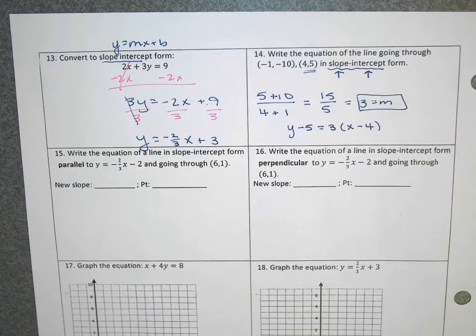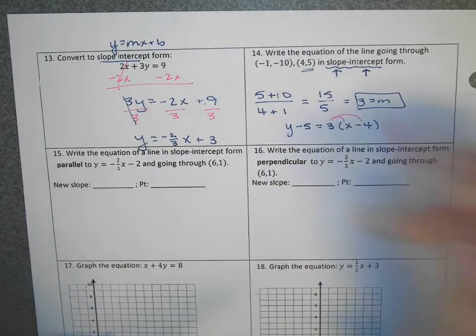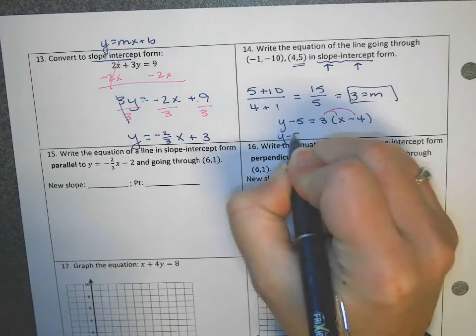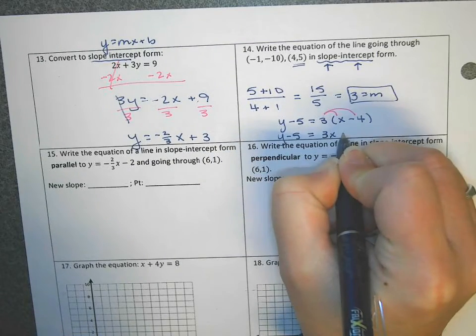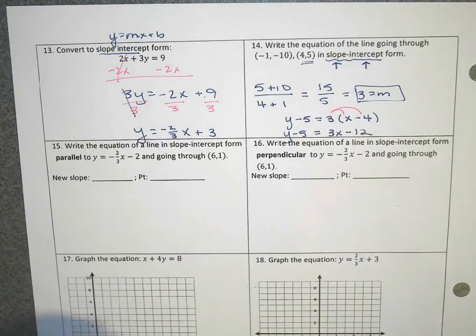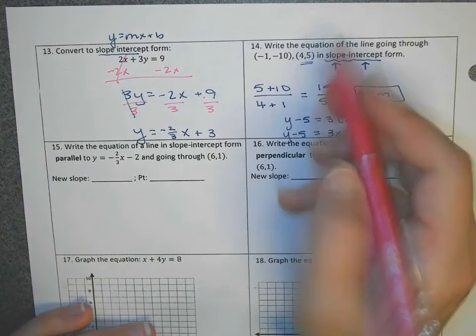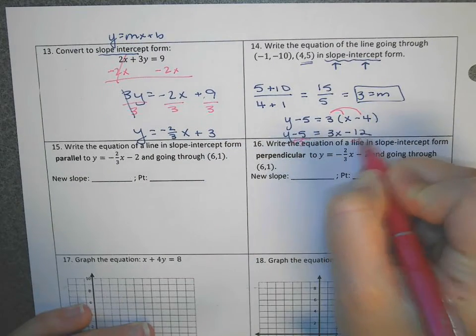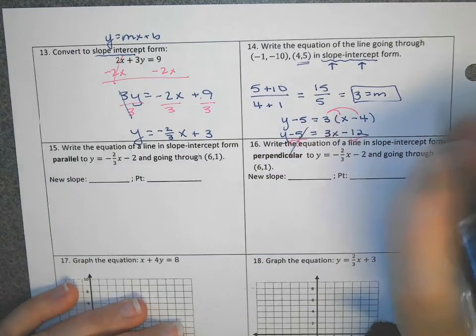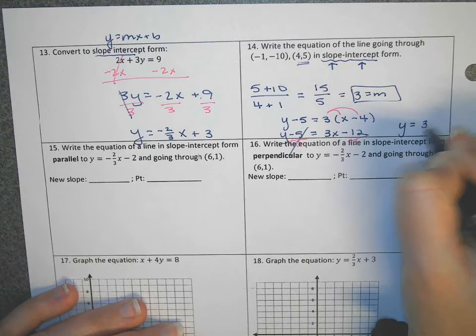Now what I can do is I have the equation, so now I can change it to make it look like y equals mx plus b. The first thing I'm going to do is distribute the 3. Then I'm going to have to add 5 to both sides. And I will have y equals 3x minus 7.